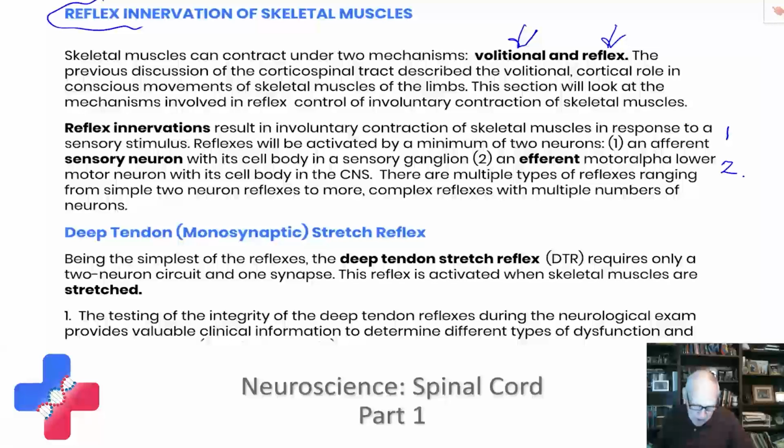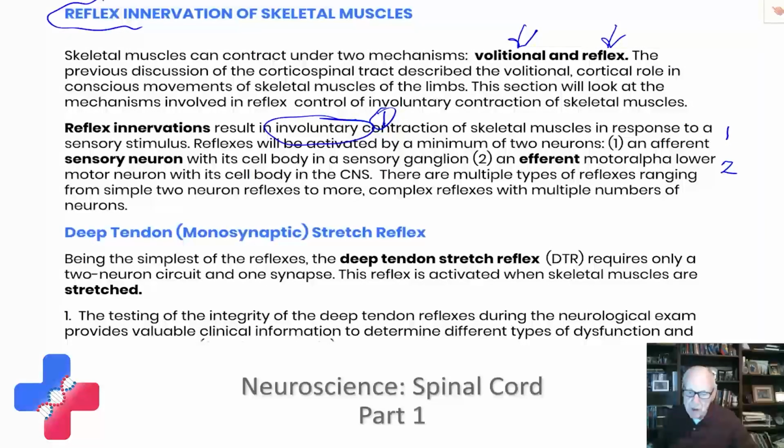First of all, notice that these are involuntary. So when you hit my biceps tendon and that muscle jerks, I had no volitional control over that. That was a reflex response. So the first thing to remember is that they are involuntary.